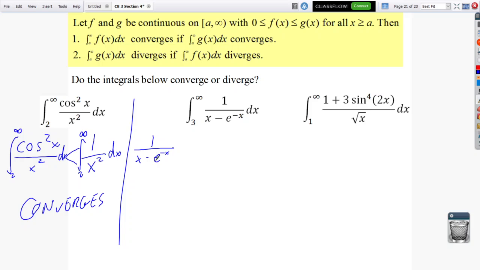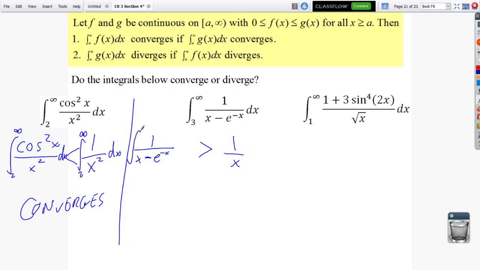So I want to take away that e to the negative x. Well, I'm not actually taking it away because there's a minus here. In order to delete it, I need to add on an e to the negative x, which increases my denominator. If I'm increasing my denominator, I'm decreasing the value of the fraction. So this is going to be greater than 1 over x.